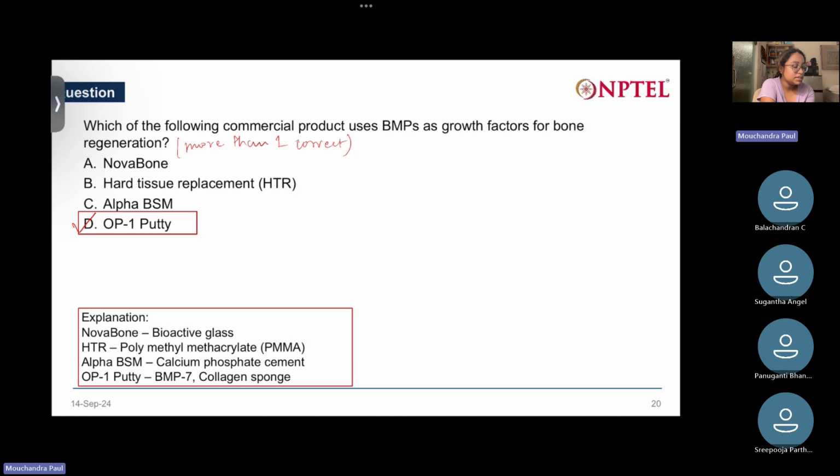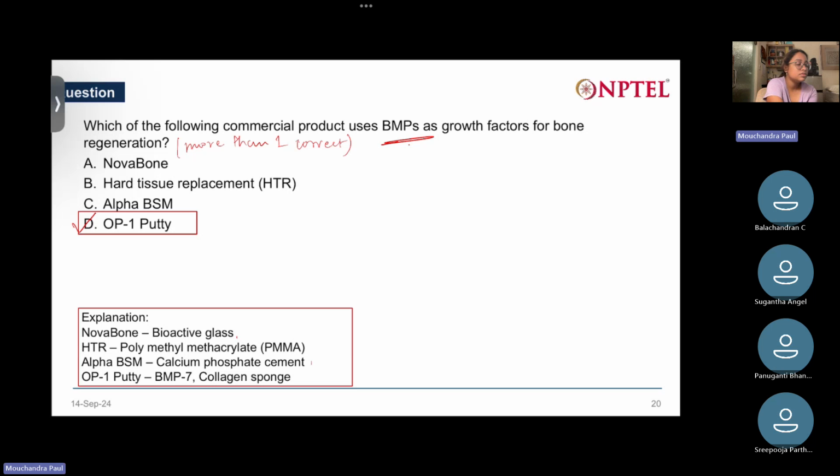Then alpha BSM, it is composed of calcium phosphate cement. All right, so it is also a ceramic, whereas PMMA is a polymer. Whereas OP1 putty consists of the organic collagen component and BMP7 component. So these two together are used in OP1 putty. So this is the product that uses BMP as a growth factor. All right.